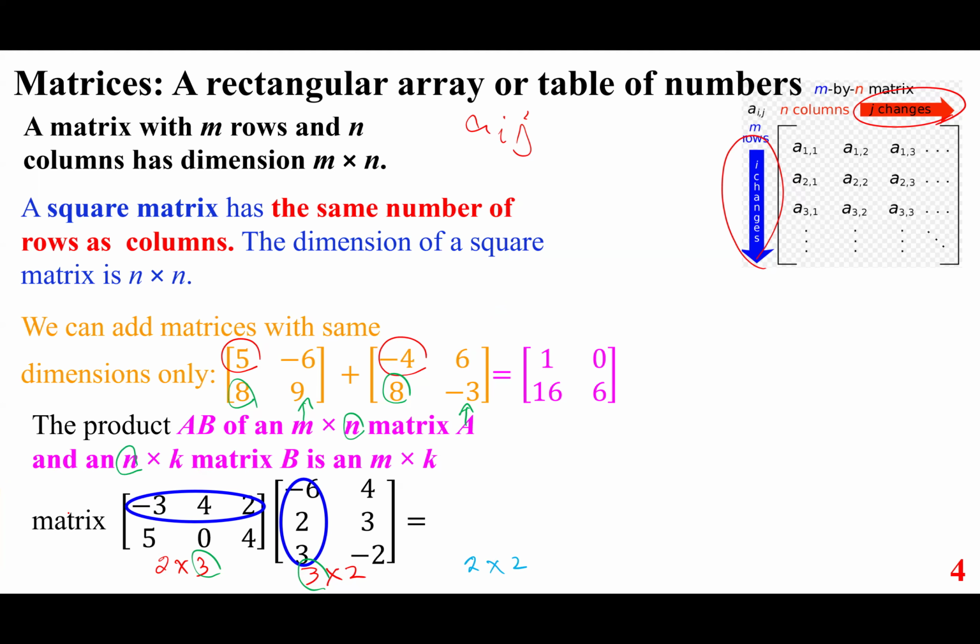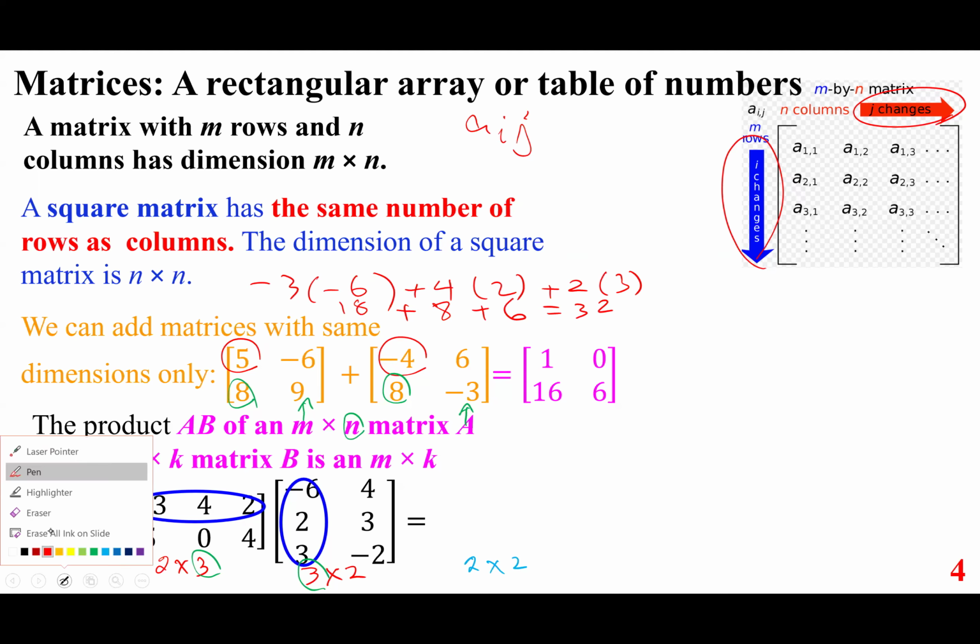So I am going to multiply -3 by -6, 4 by 2, 2 by 3. So I get 18 plus 8 plus 6, 32.